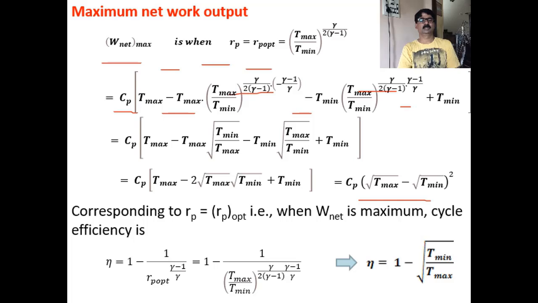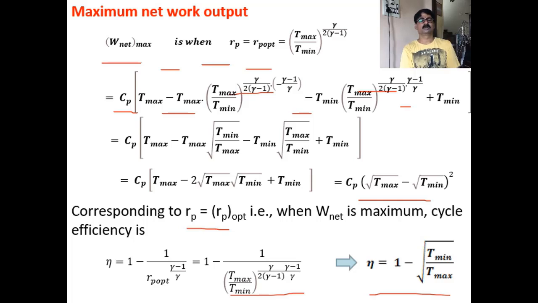Right, so for the condition corresponding to rp equal to rp optimum, when W net is maximum, the cycle efficiency is given by this expression, and after simplification you will get it as 1 minus root of T min by T max. So it cannot be understood just by reading these lines.